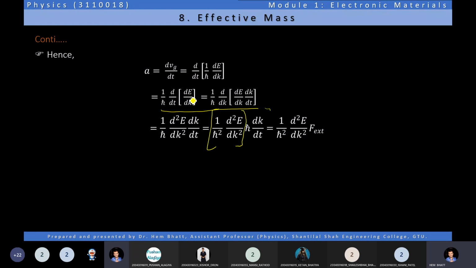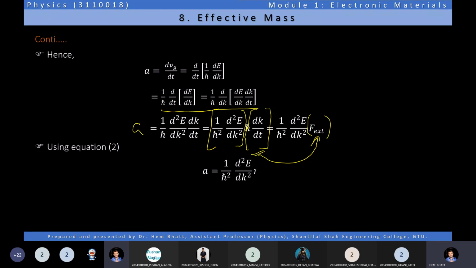This is one term, this is the other term, and this is the force. So now the left side is acceleration, the right side is force into something. So you can say it is 1 upon mass. And this is the expression for effective mass.